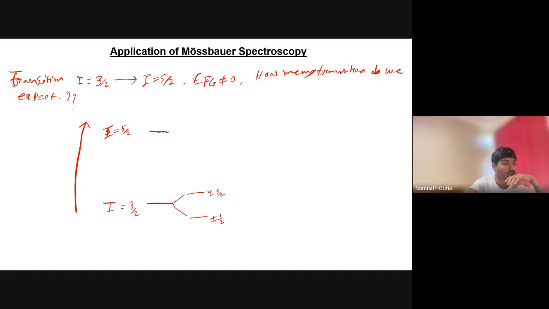Over here also this will split into 3, because we have plus minus 5 by 2, plus minus 3 by 2 and plus minus half.